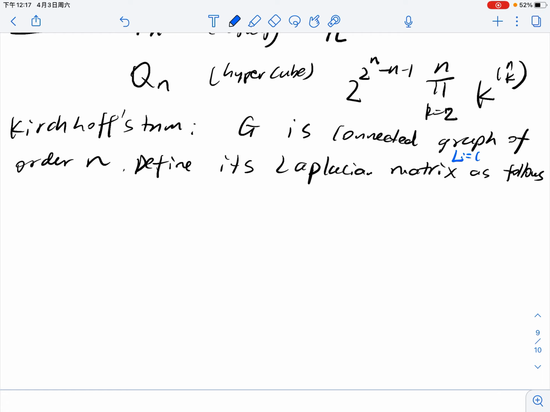The Laplacian matrix L_ij, 1 less than or equal to i, j less than or equal to n. So this is an n by n square matrix.